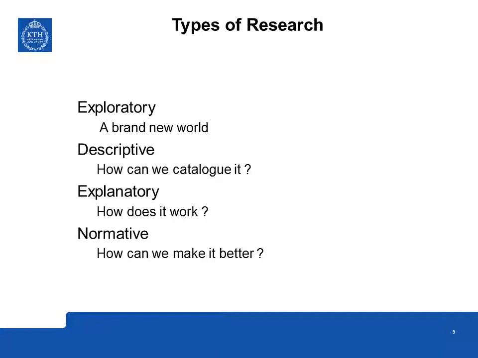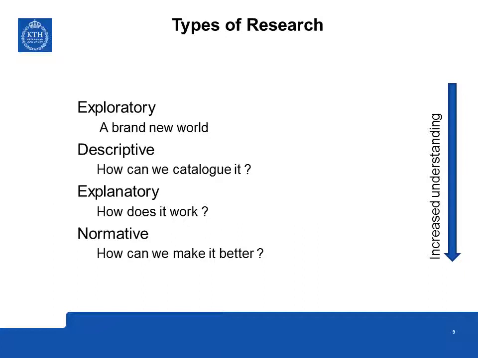And finally, normative research, that's sort of the engineering domain. How can we improve on reality? How can we make things better for humanity in this reality? Going down the list requires an increased understanding of what's going on in the world. The first three types of research are so-called ex post facto research, meaning research built on observations.